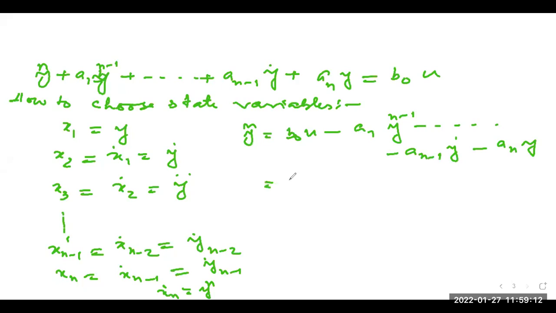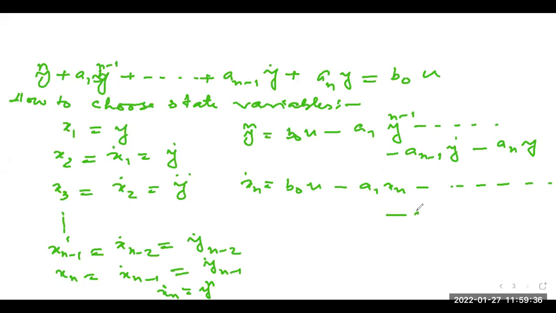So yn is your xn dot, minus a n minus 1 times yn minus 1, which is equal to xn. So this way it will continue, minus a1 times y dot.